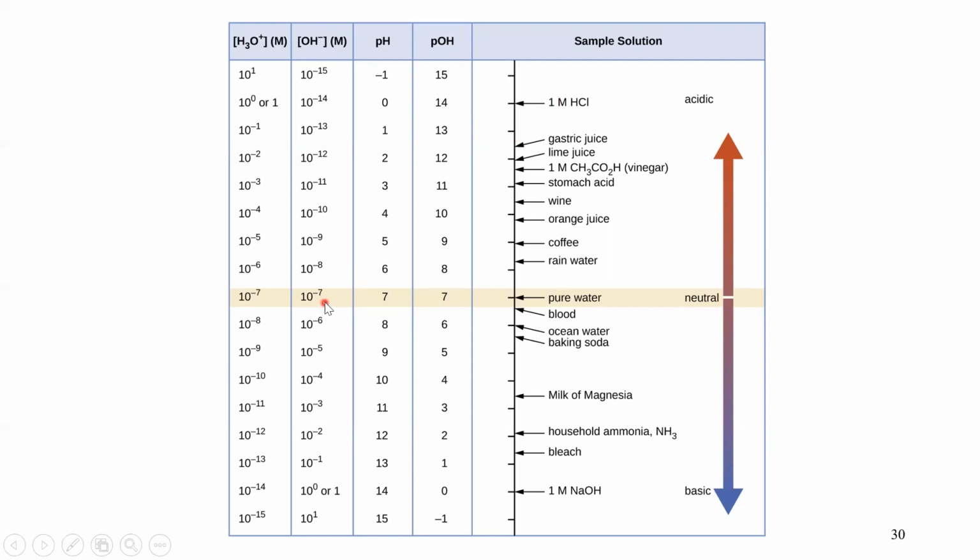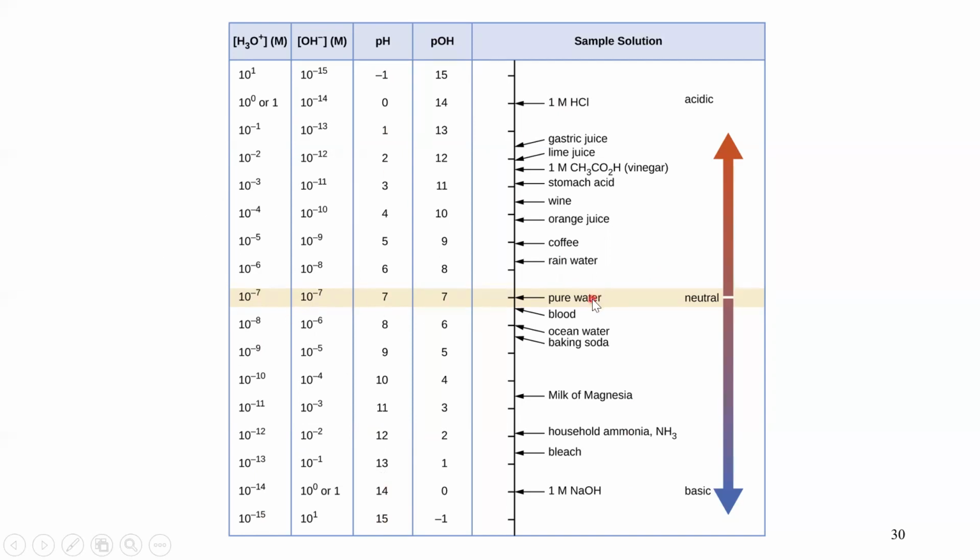Now, on the other side, if we decrease the hydronium ion concentration, we're going to be increasing the pH, which would make the solution more basic. Okay, so that's just a kind of relative thing.